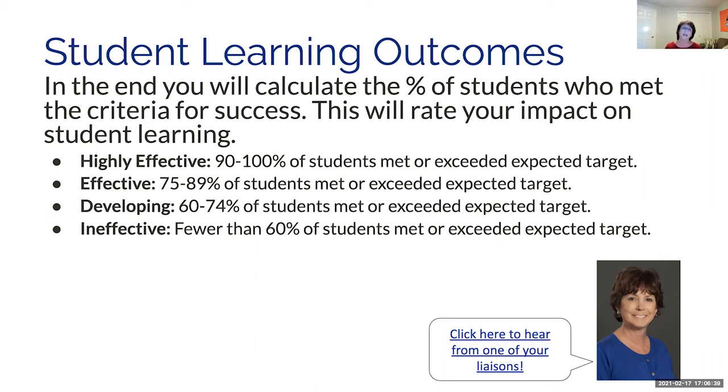We certainly hope you have a highly effective unit or an effective unit, but as a novice planning a big unit for the first time, we realize there could be things that go wrong in the way you have constructed your assessment. There could be things that have gone wrong in, like, did you spend enough time on particular topics? And we'll do all of that analysis. I'll help you with it when we get into the analysis section.